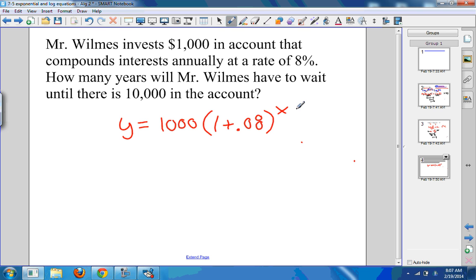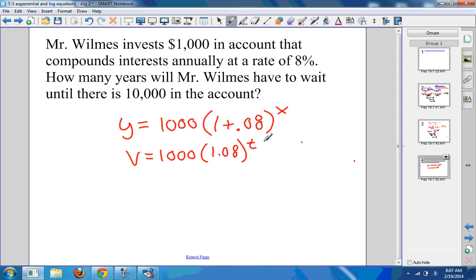All right? The packet that you guys did kind of changed things around a little bit. So the value is equal to our principal amount. I'm going to change this to 1.08 times t, which is time, or in this case, years. So I want to figure out when I'm going to have $10,000.